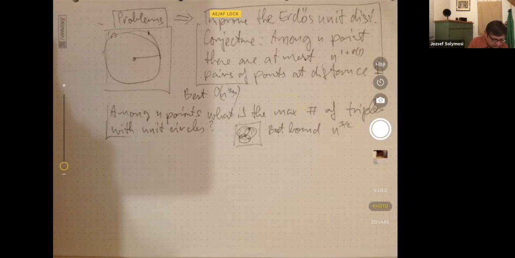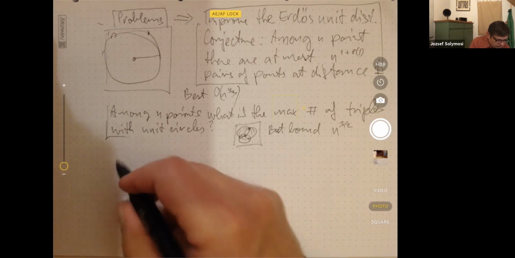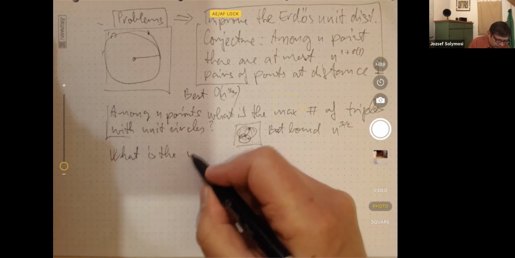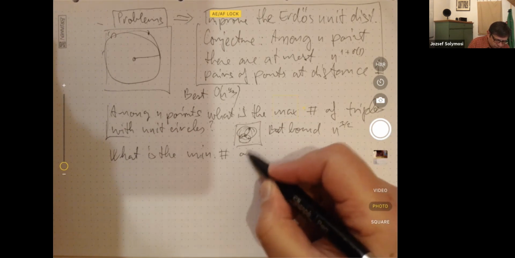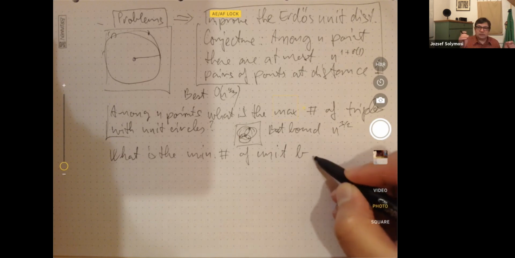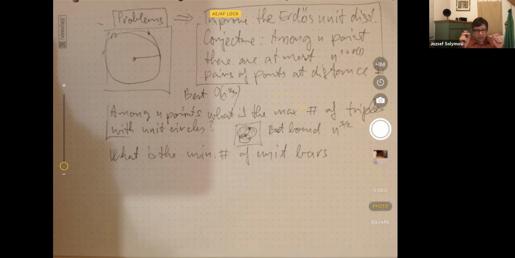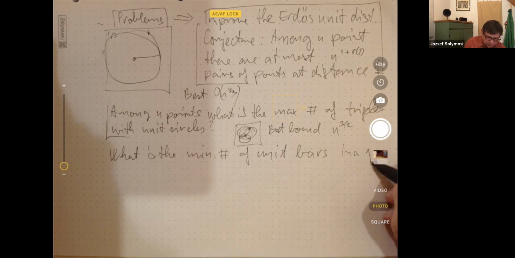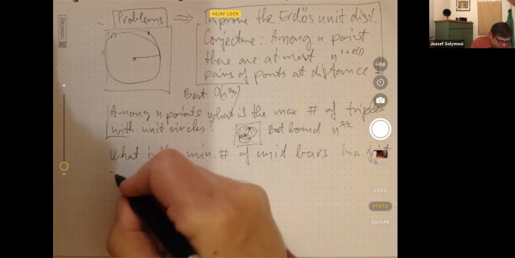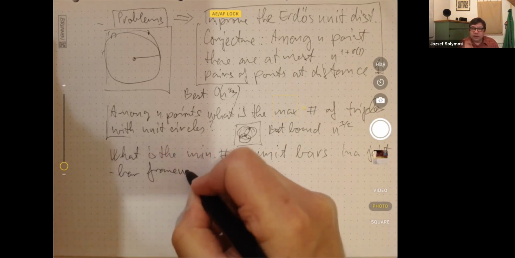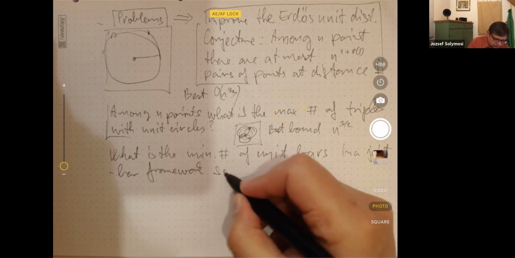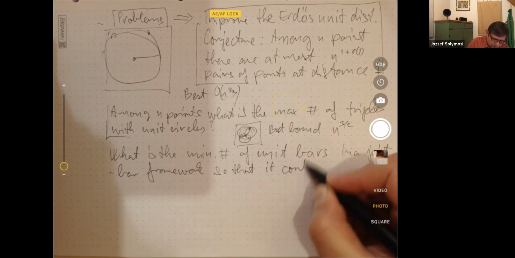It is the following: what is the minimum number of unit bars, so unit distance bars, you can use only one length bar in a joint bar framework, such that if you have that many bars, then it contains a rigid part.